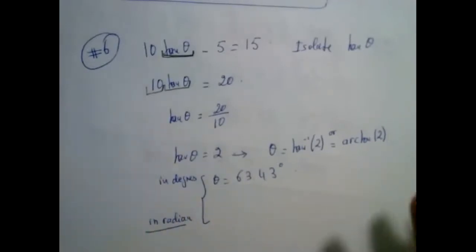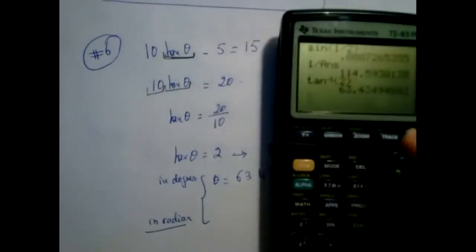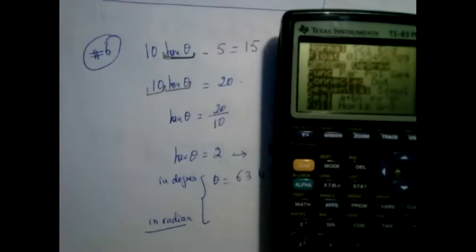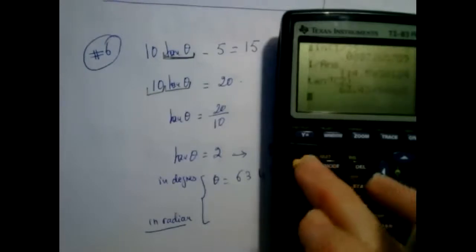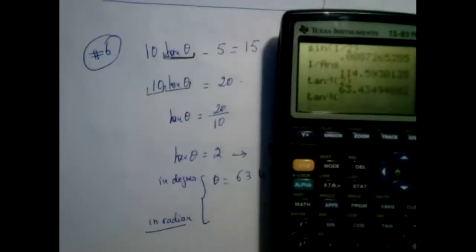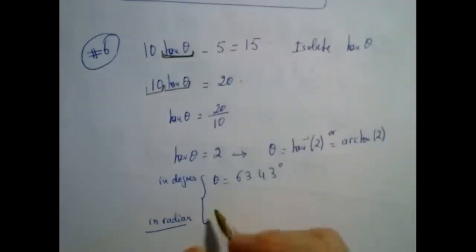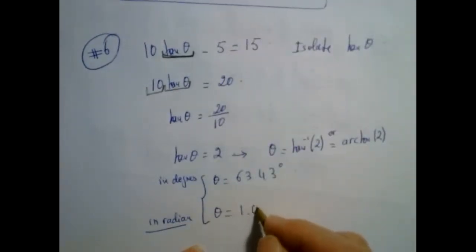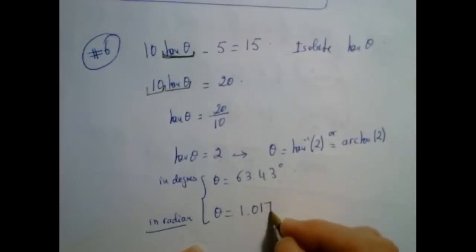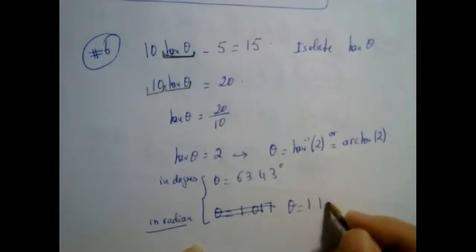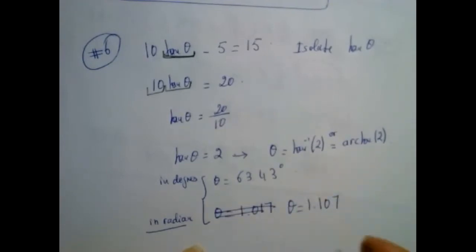In radian, you can either convert degrees to radians manually, or, to practice your calculator a little bit, you can go to mode, put your calculator in radian mode, and then go back and find tangent inverse of 2. And this is 1.107. So theta is 1.107, and that's in radian.